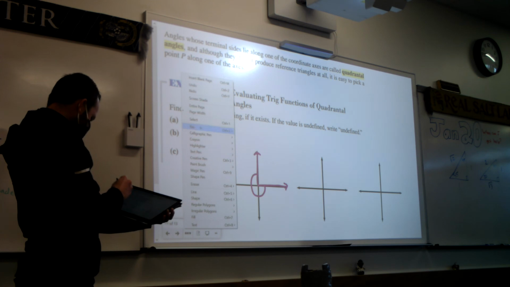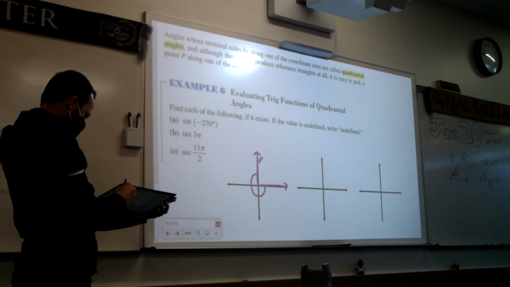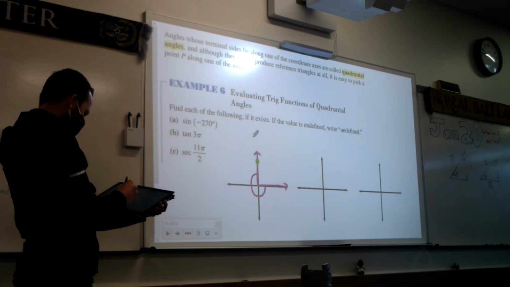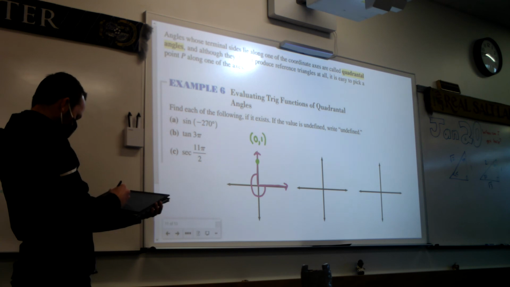Now, what I'm going to do to make this a little bit easier is let's just pick a point here, okay? I'm going to call this point 0, 1. Now, we're not going to draw a triangle, but let's think about what would the value of x be, what is the value of y, and what is the value of r.